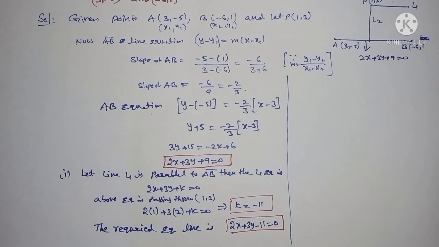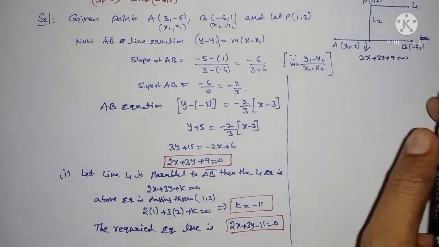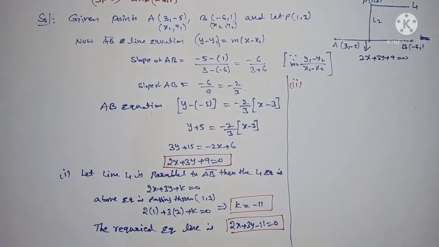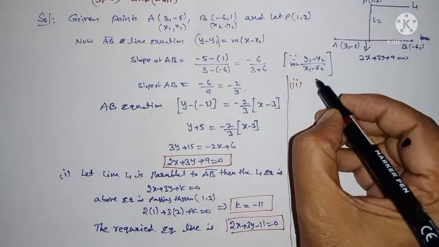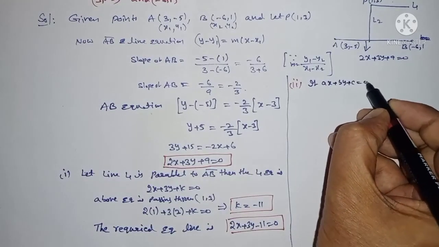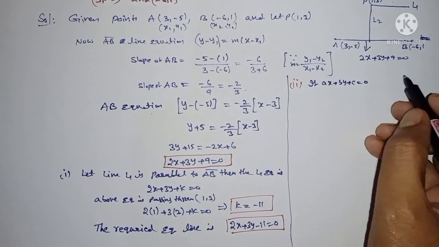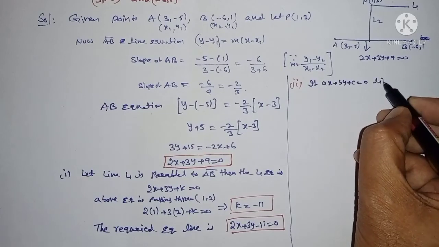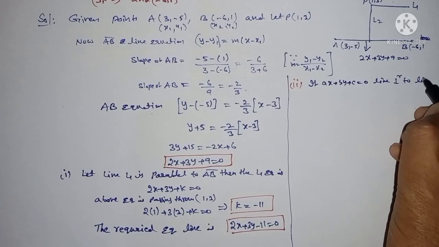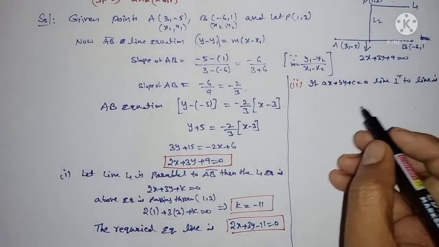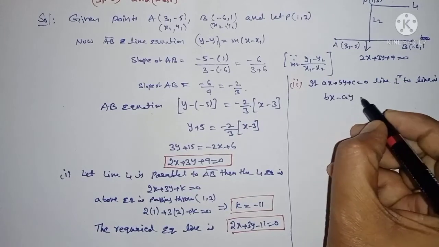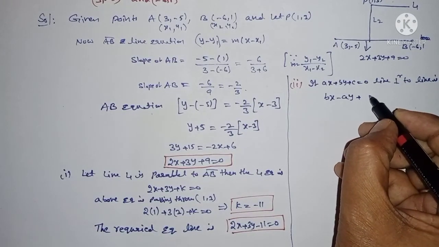How can we write the perpendicular? We have the formula. Second one: if ax plus by plus c is equal to 0, then the line perpendicular to it is bx minus ay plus k is equal to 0.